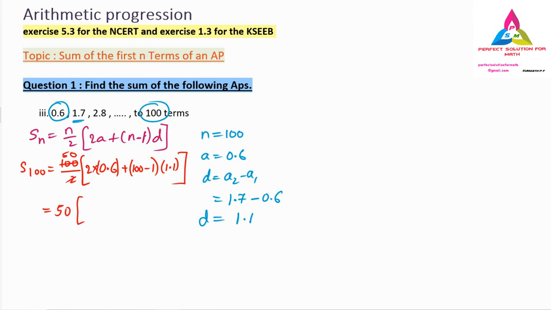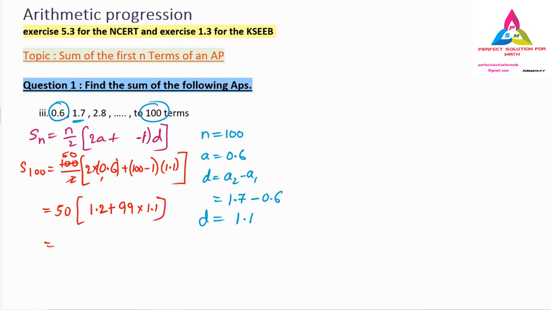Then 2 into 0.6: 2 into 6 is 12, so I write the point, 1 carry, and 2 zeros are 0, 0 plus 1 is 1. So 1.2. Next, 100 minus 1 is nothing but 99, and next we have 1.1, which we write down with a multiplication sign.